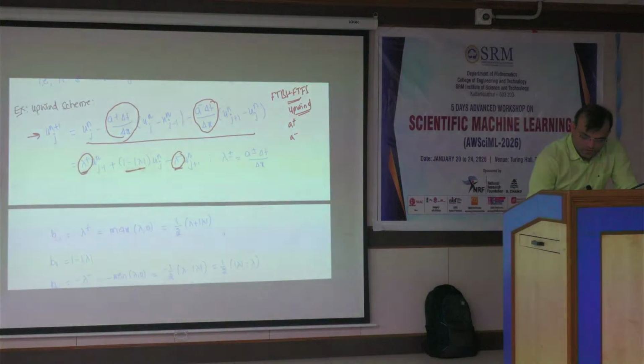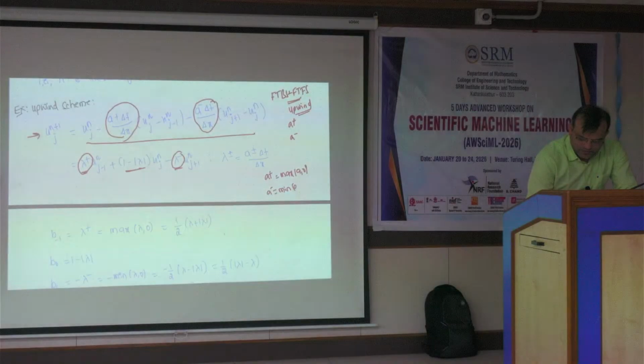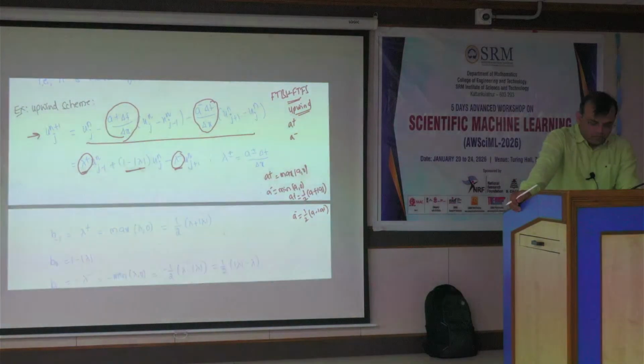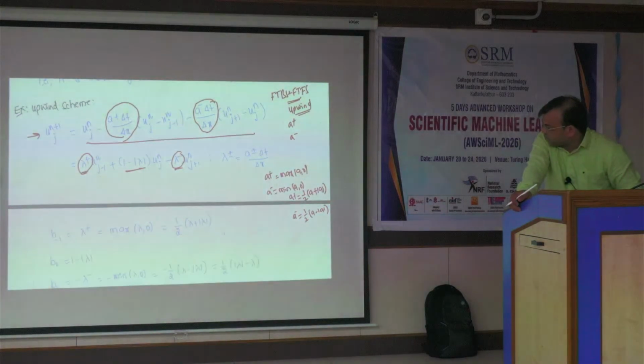We know a plus is the maximum of a and 0, and a minus is the minimum of a and 0. We also define a plus as 1 by 2 into (a plus mod a), and a minus as 1 by 2 into (a minus mod a). With this we can write any affine scheme in this form.